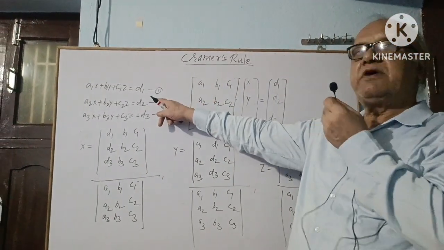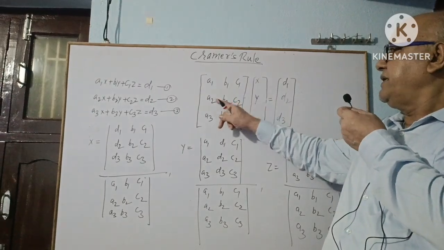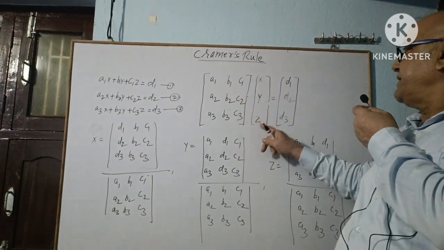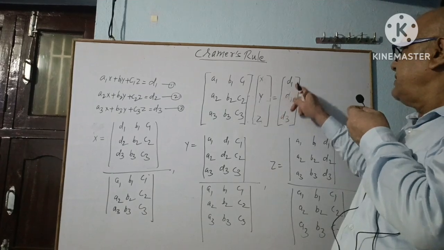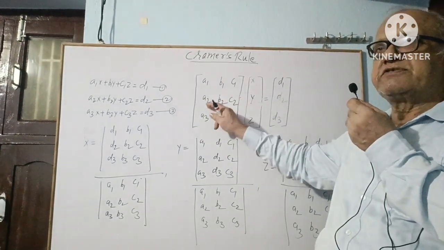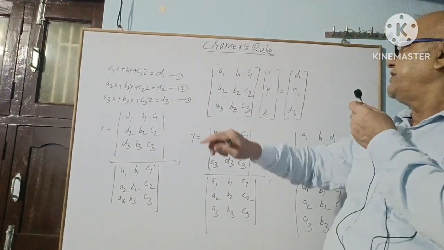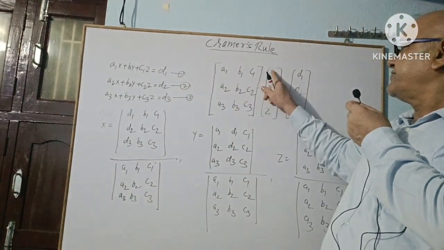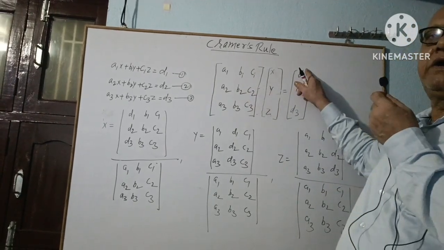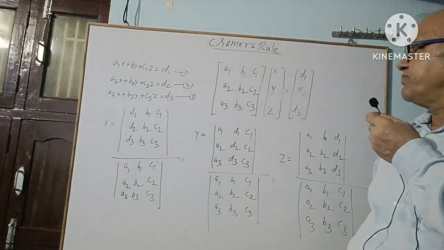The matrix form is [a1, b1, c1; a2, b2, c2; a3, b3, c3] times [x, y, z] is equal to [d1, d2, d3]. When we expand this matrix, we get these three equations: a1x plus b1y plus c1z is equal to d1, and so on for the other rows.